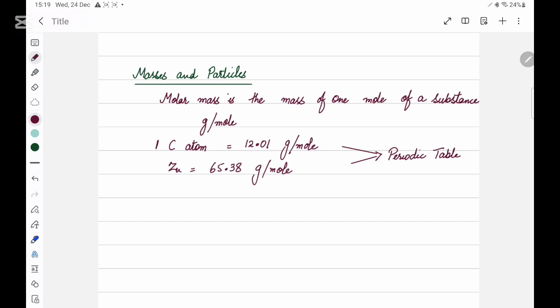Now there is a formula which links molar mass and moles. The formula is mole is equal to mass divided by molar mass.